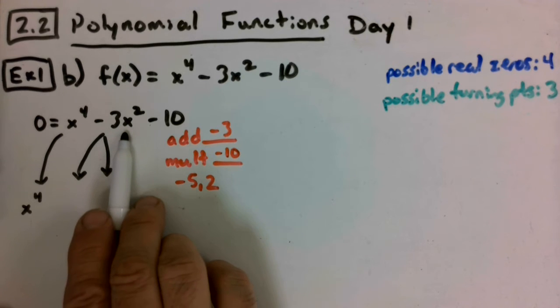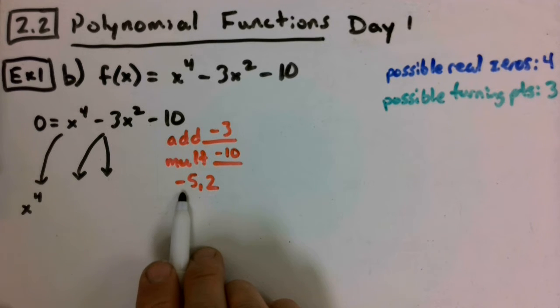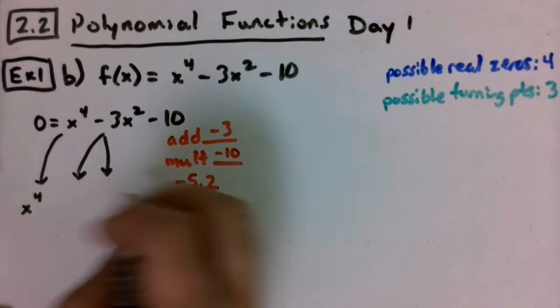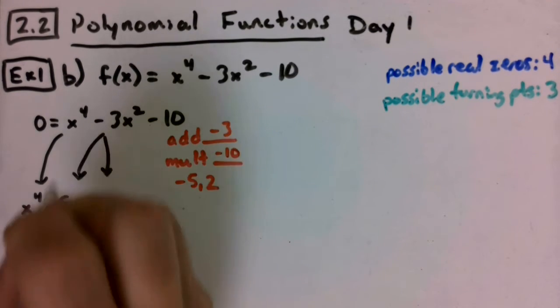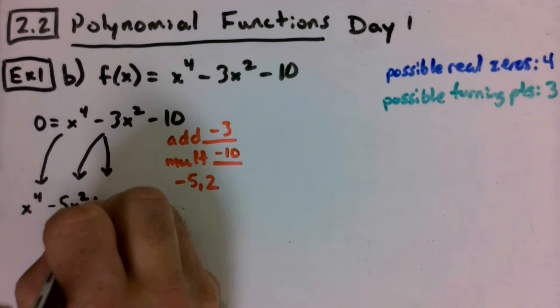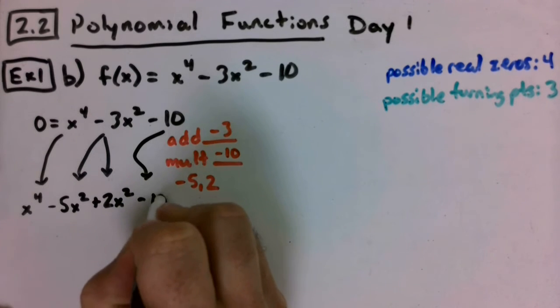So I'm going to have a -5 x squared and a +2 x squared because of our numbers. Then I can just copy that last term down.